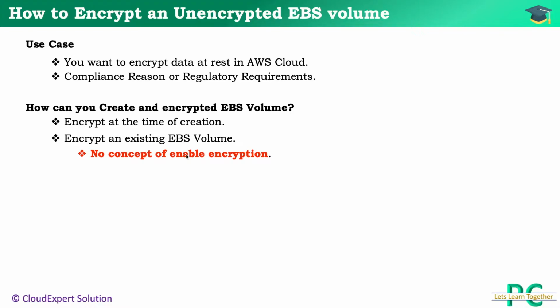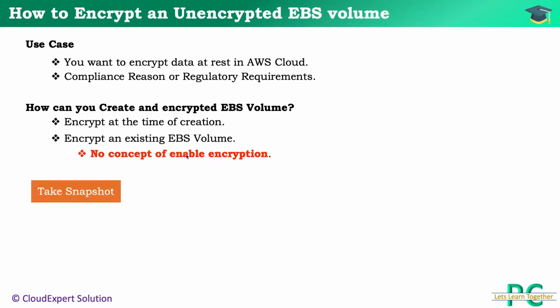If you already have an unencrypted EBS volume, you cannot enable encryption on that EBS volume. You have to know this concept by heart, and there will be some questions in AWS certification which will try to test this concept. Please remember, you cannot enable encryption on an already existing unencrypted EBS volume.